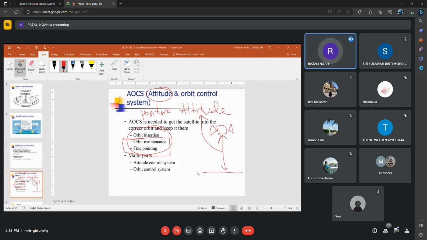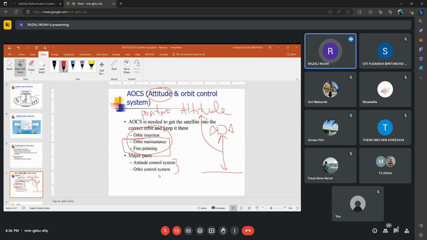So we can say that we have two main tasks. The attitude control system is actually about how to make the satellite stable, and then the right pointing.